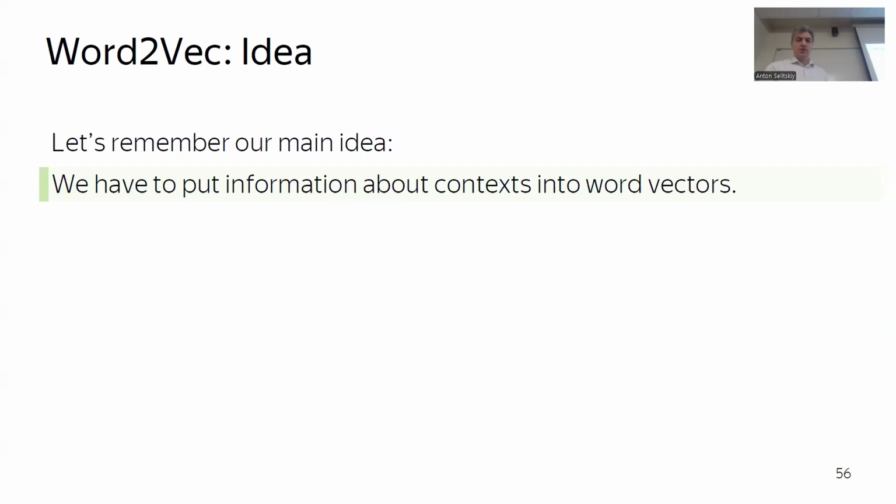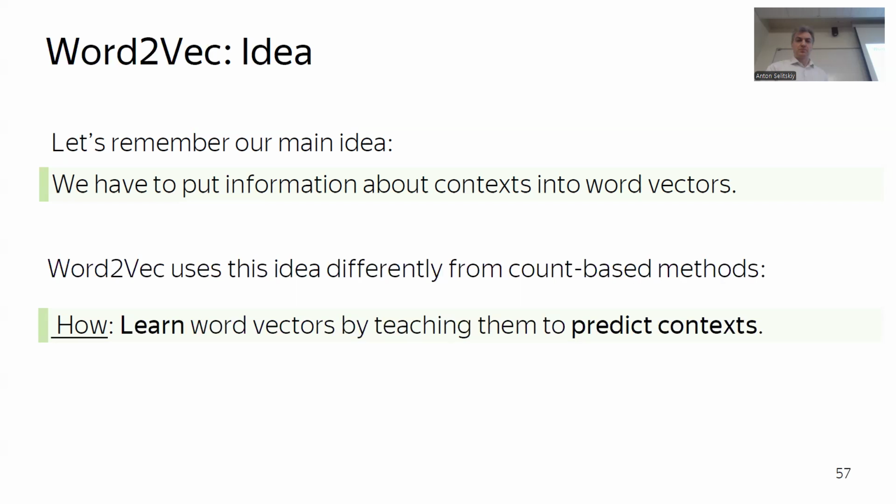So the main idea: again, for each word, we will create an embedding.